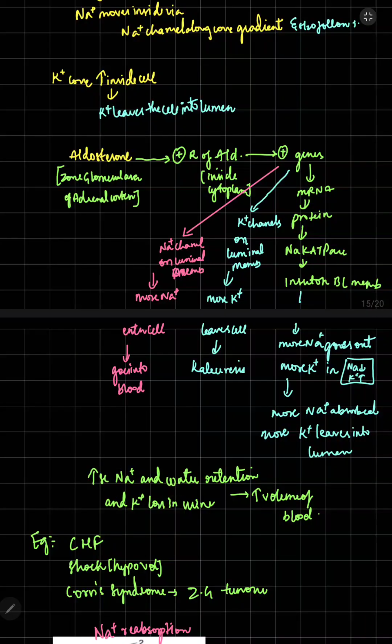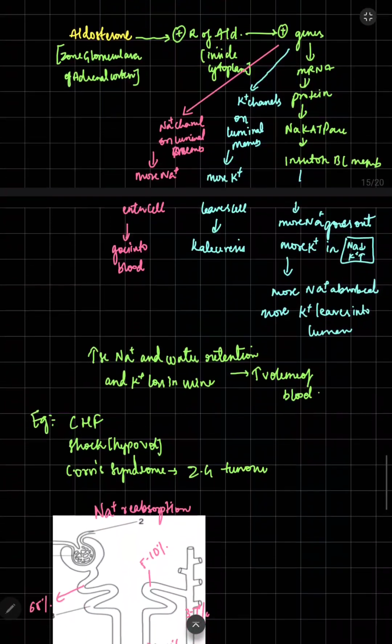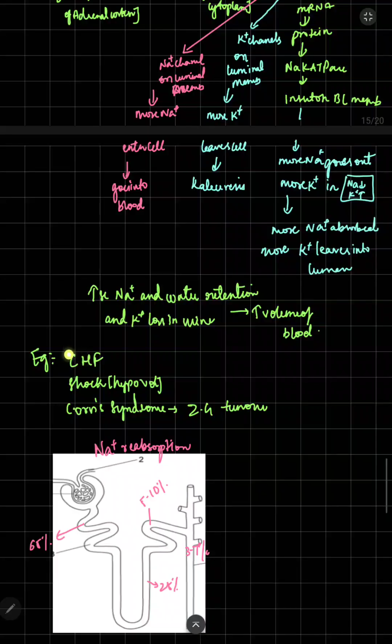So there is increased sodium and water retention and potassium loss in urine, which increases the volume of blood. This hormone is released in chronic heart failure, congestive heart failure, hypovolemic shock, and Conn syndrome, in which there is a tumor of the zona glomerulosa producing excess aldosterone.